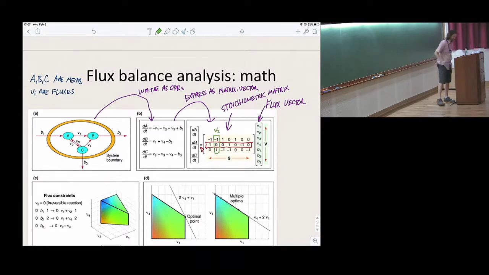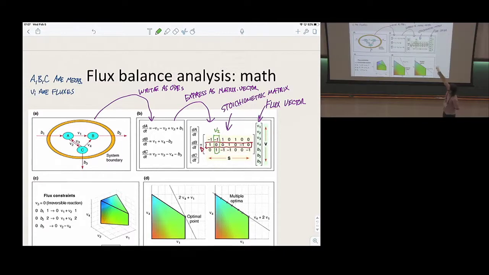Exactly. So each column is a reaction. Each row is a metabolite. So in V2, there's a +1 in the C row and a -1 in the A row. V2 takes A to C. That's what it is. It doesn't look too bad here.